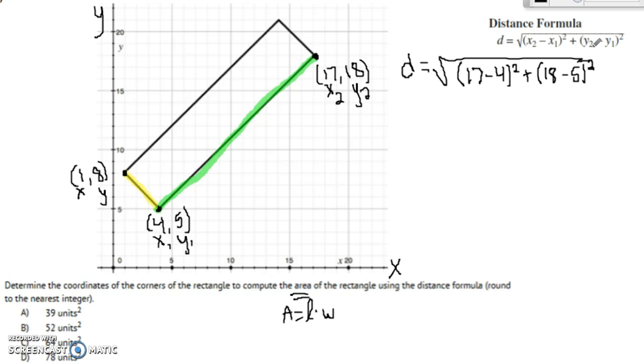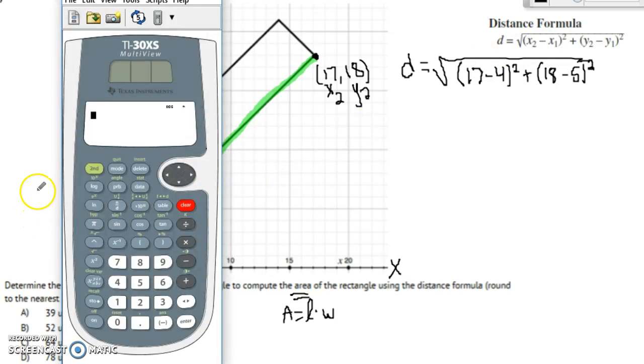And then I'm going to go to my calculator and plug that in. If you have a TI-30XS, you can plug it in exactly how it looks, all in one step. So you could do 17 minus 4, close your parentheses and square it, plus, parentheses, 18 minus 5, close your parentheses and square it, and hit enter.